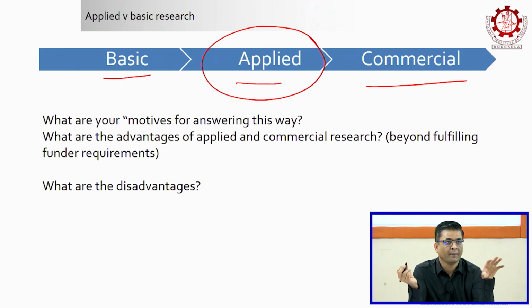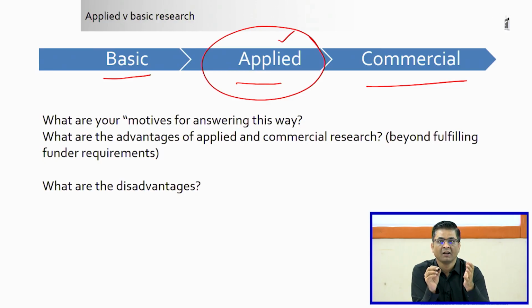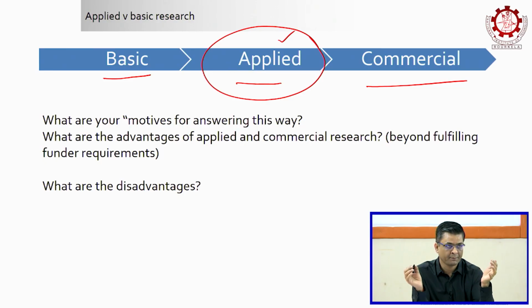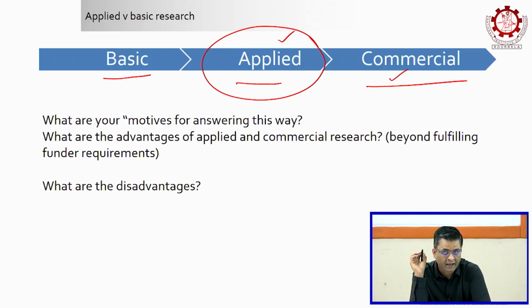That is all basic research, fundamental understanding. When you apply that knowledge, it becomes applied research, and if that applied research is done to develop big processes, advancing the technology readiness level, it becomes commercial research. Investigating the shelf life of a biscuit company's product is exactly a commercial shape of research.